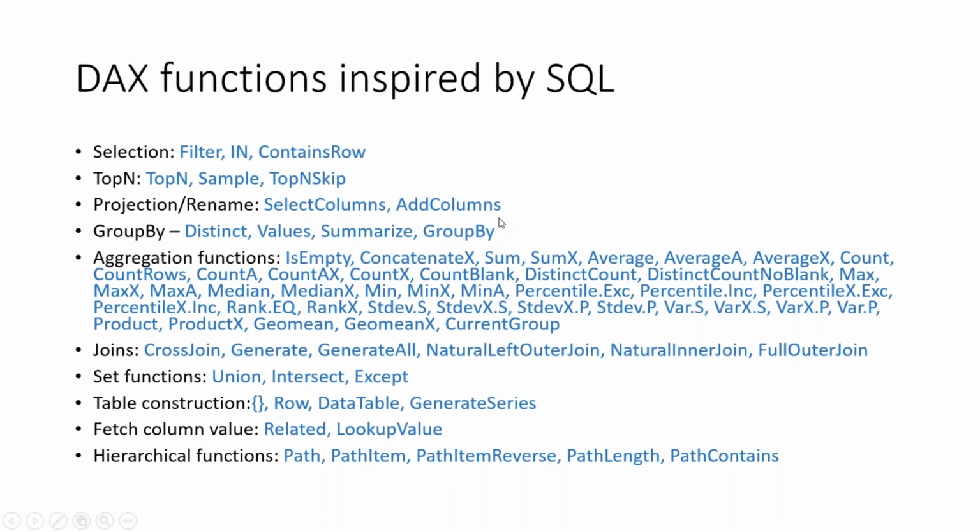Iteration function means that they are scanning over a table expression, going row by row, and evaluating something else. And when you are evaluating something else, if you have some measure expression in there, those measures will be affected by the current row in the current iteration. That may or may not be what you want.